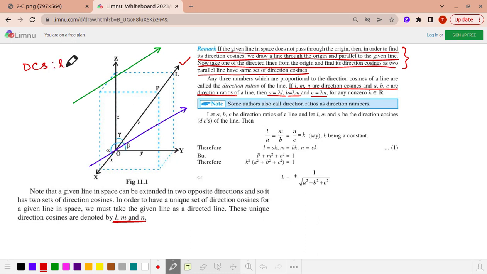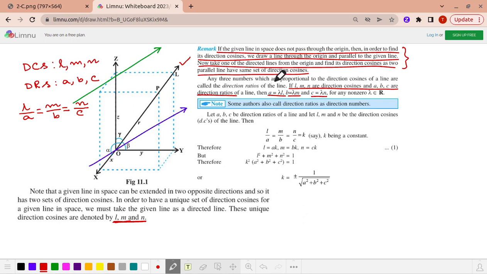Direction cosines are L, M, N. Now if the same line's direction ratios are A, B, C, then L by A should be equal to M by B should be equal to N by C. Now in this case, whatever I mentioned a minute back, A equal to lambda into L, B equal to lambda into M, and C equal to lambda into N.